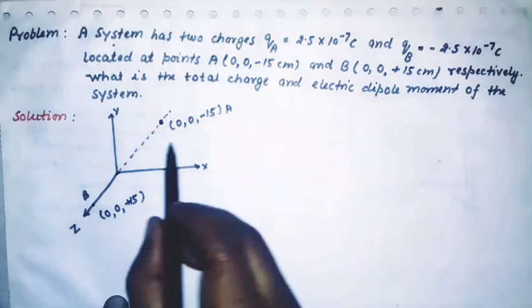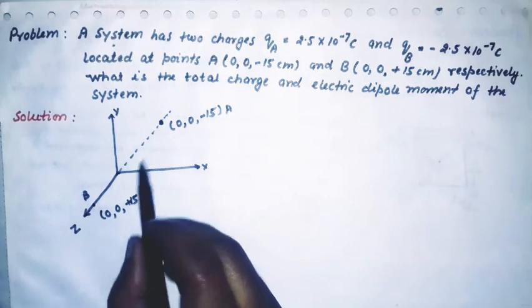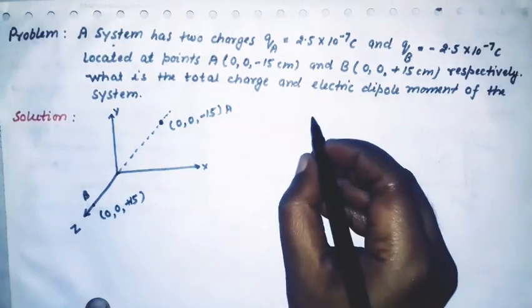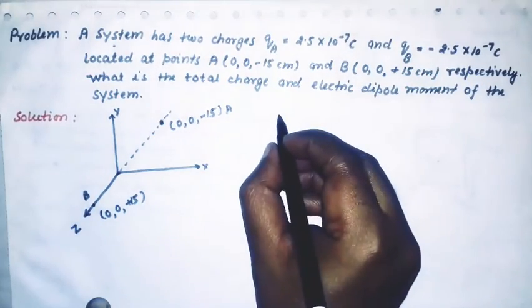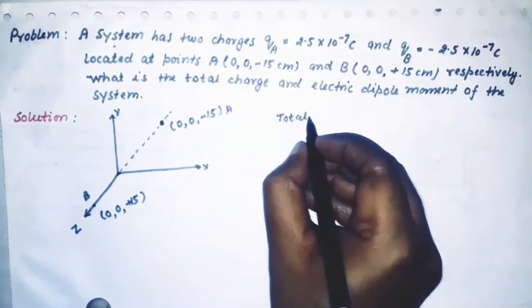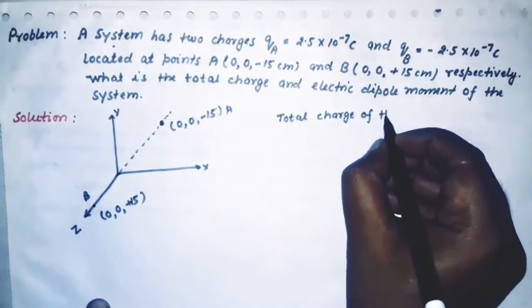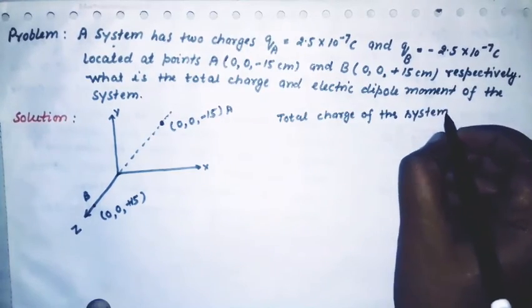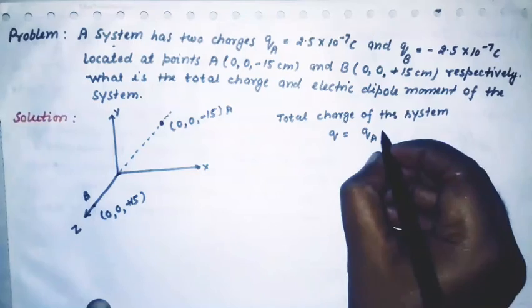Now we have to calculate the total charge of the system. Suppose this is Q, so Q is given by QA plus QB.